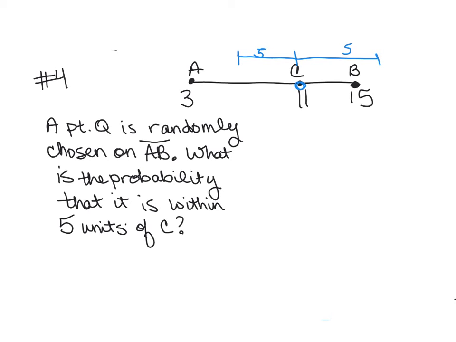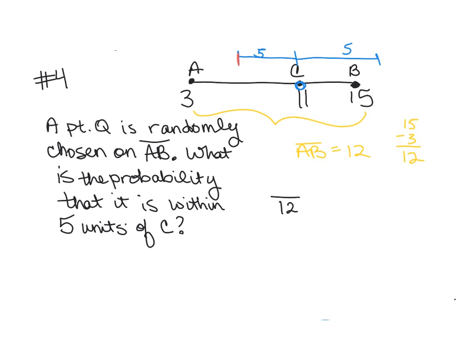Now, we need to first look at the fact that segment AB is how long? Well, if you took 15, take away 3, the segment is 12 units long. So in our final ratio, that would be the number of possibilities. There are 12 units. Now we need to look at what we have here.